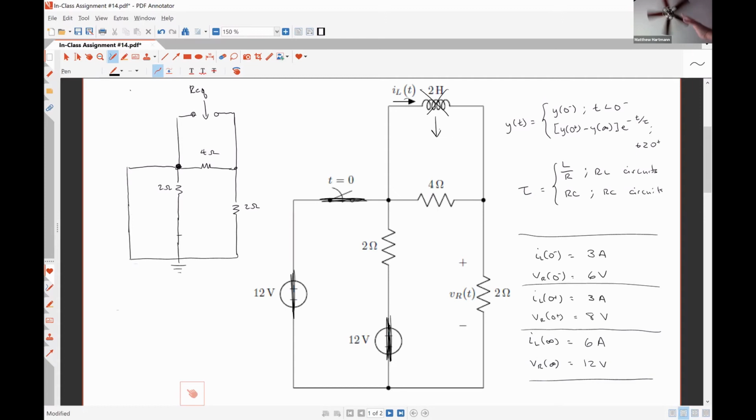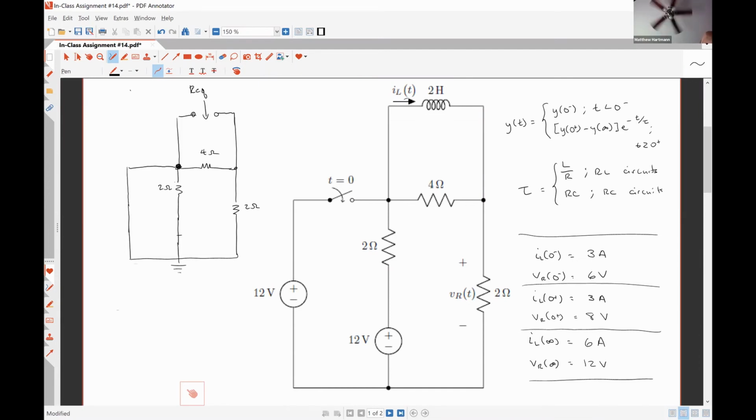So how am I going to figure out what the equivalent resistance is? It's just going to be that 4 ohm in parallel with that 2 ohm on the right. Does everybody agree with that sentiment? Yes, sir. Okay, I also agree with that sentiment.